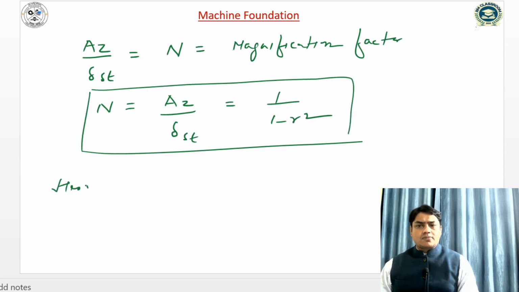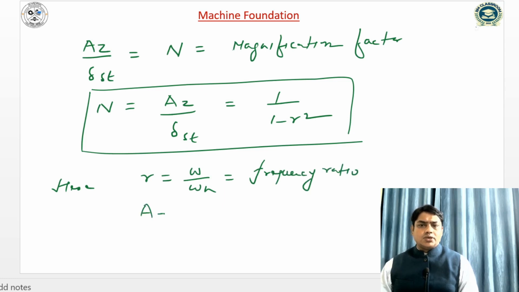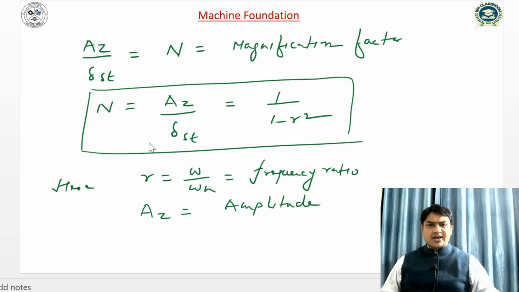Here r is the ratio of omega by omega n, or the frequency ratio. Az is the amplitude, delta st is the static displacement, and n is the magnification factor. So the magnification factor is the ratio of amplitude to the static displacement.